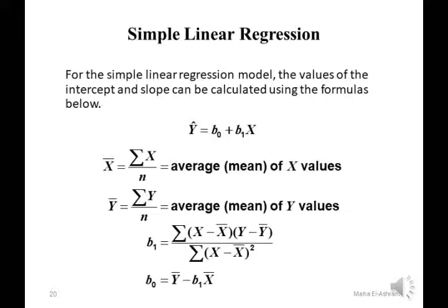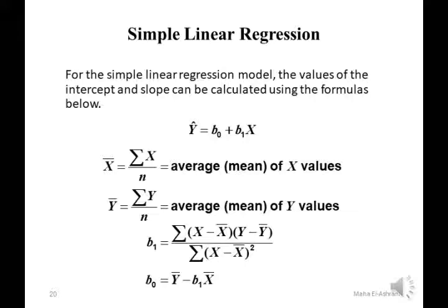So in the simple linear regression model, y hat is b naught plus b1 x. Usually to estimate this equation, you need to calculate b naught and b1. b1 is calculated by the formula we see here, and b naught is calculated by the other one, which is y bar minus b1 x bar, the mean of y minus b1 times the mean of x.